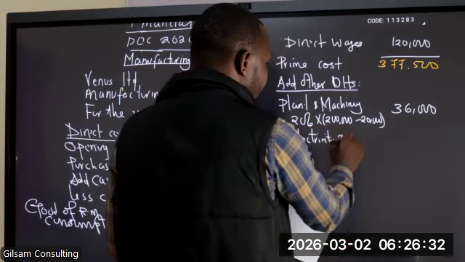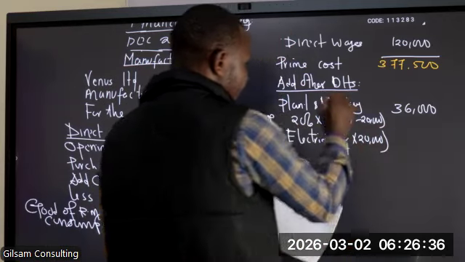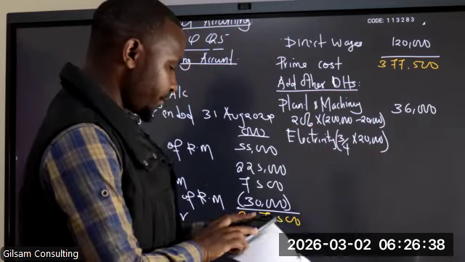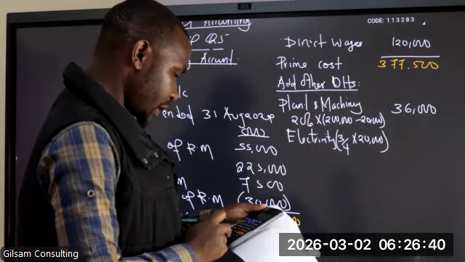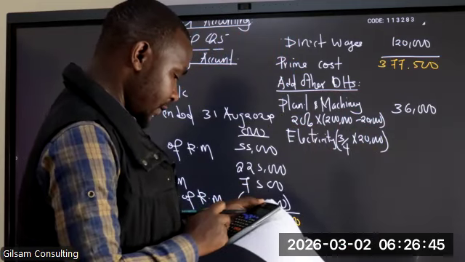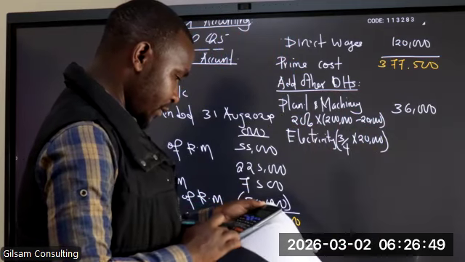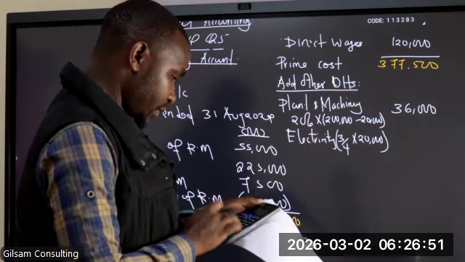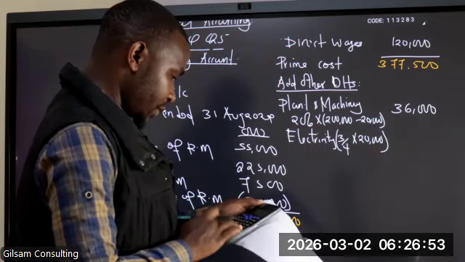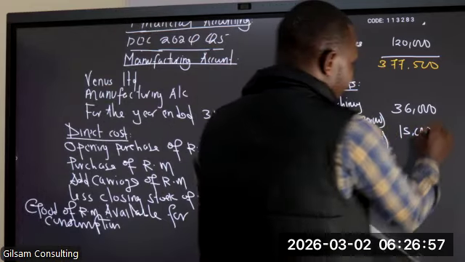So 3/4 multiplied by 20,000, giving us 15,000.